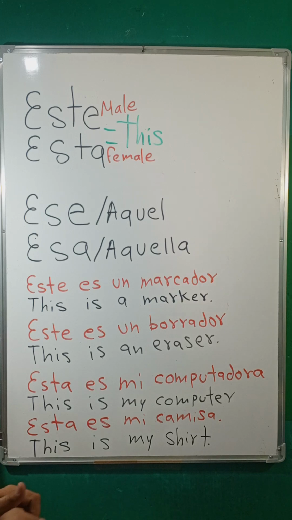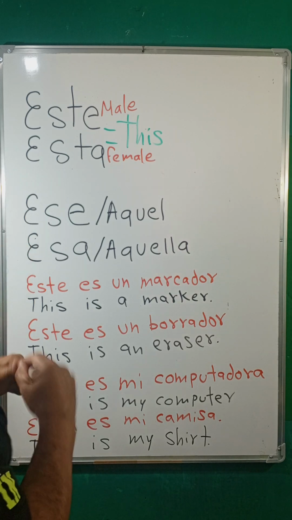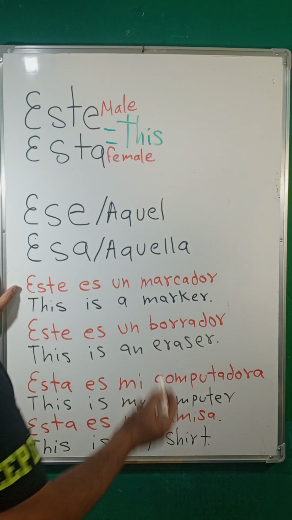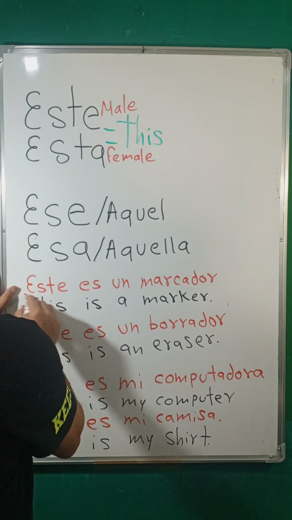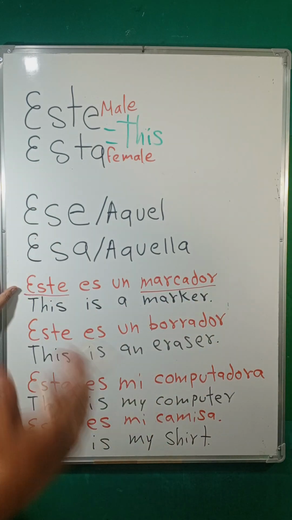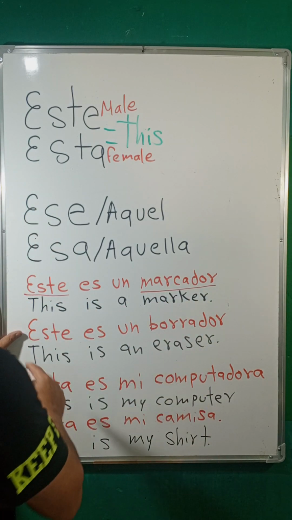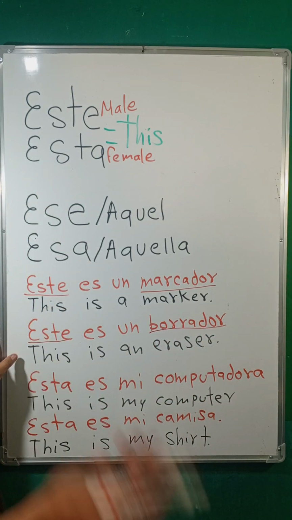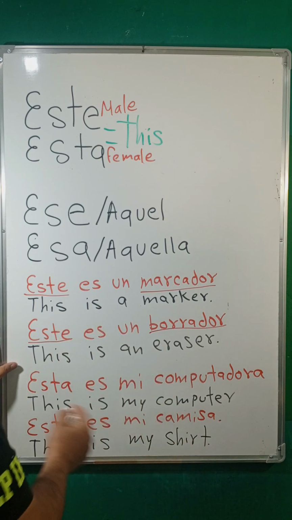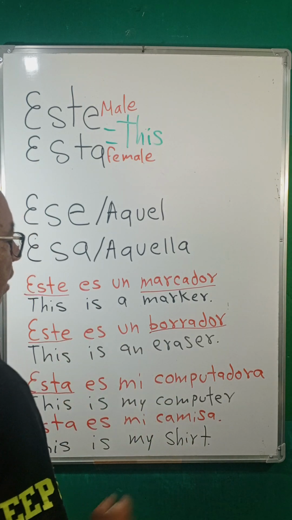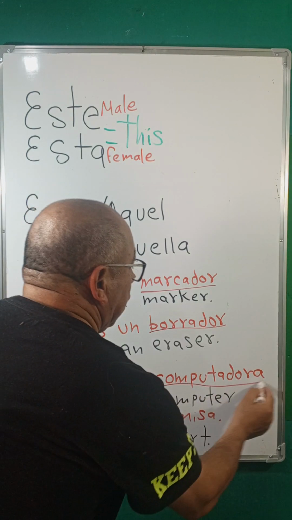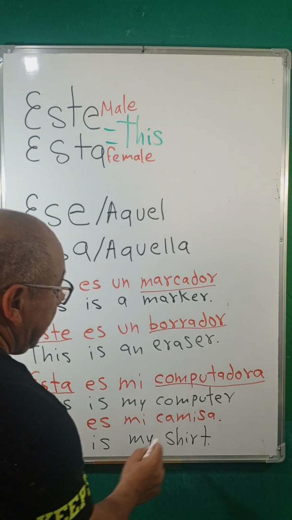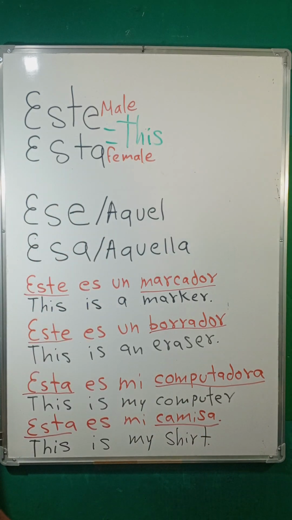So, as you can see, we have the ones which are male and the ones which are female. Marcador is male or masculine. We have another masculine, borrador. But we have the feminine: computadora, and camisa. Camisa is female also.